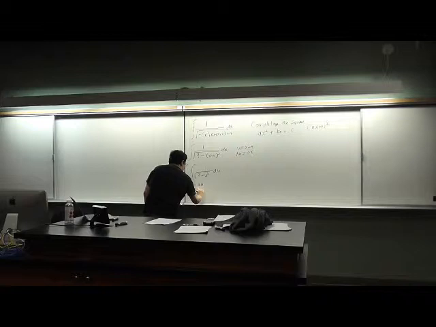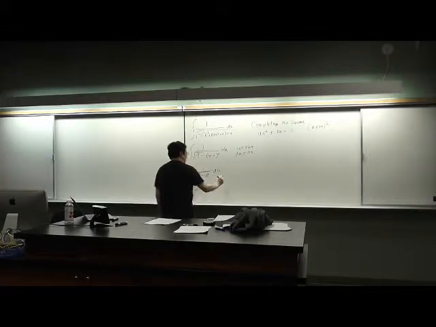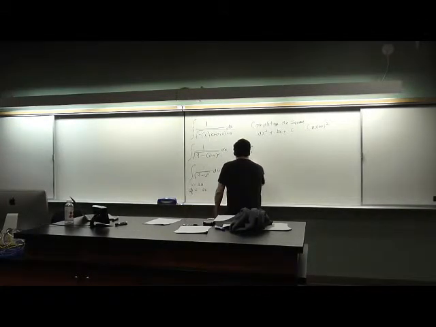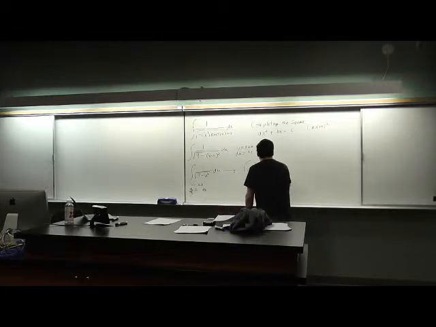So dv equals 3 du, or du equals dv over 3. So now what happens? Okay, now we have 1 over the square root of 9 minus 9v squared times dv over 3.